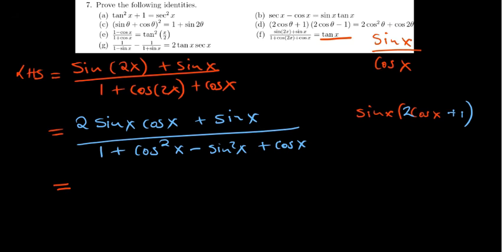Okay, let me try out a few things here. So we have 1 plus cosine squared of x. What if we tried substituting? Since 1 minus sine squared of x is cosine squared of x, we have cosine squared of x plus cosine squared of x, and then plus cosine of x.